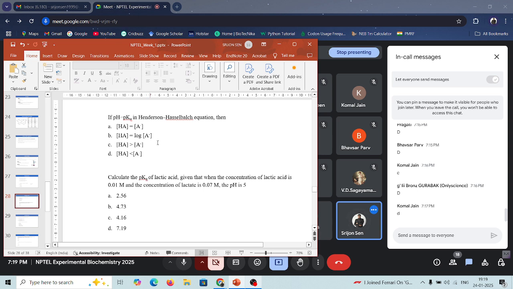If pH is equal to pKa in Henderson-Hasselbalch's equation, which of the following options are correct? I just mentioned when pH is equal to pKa.